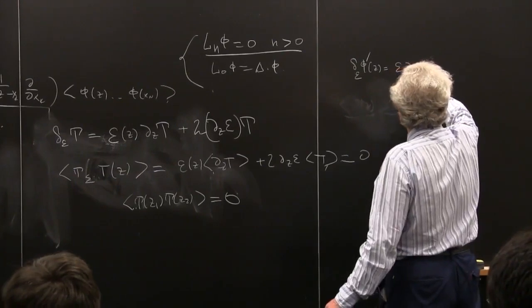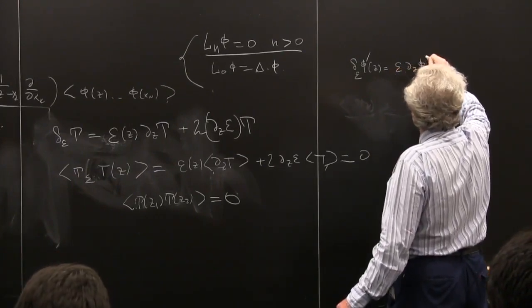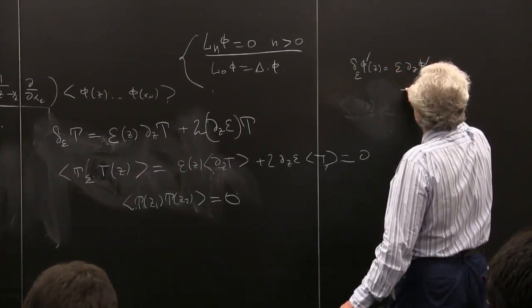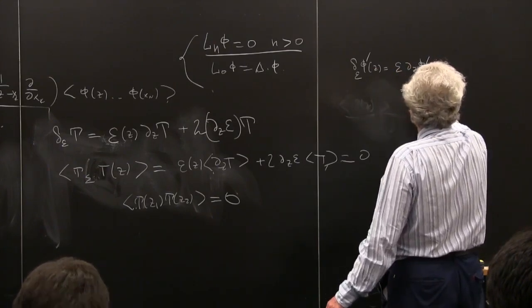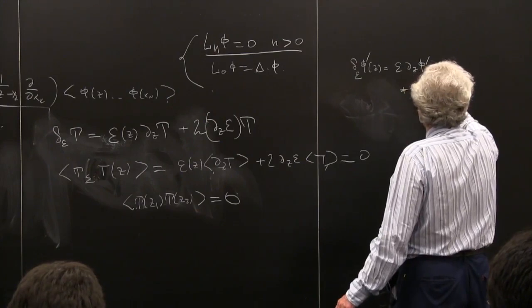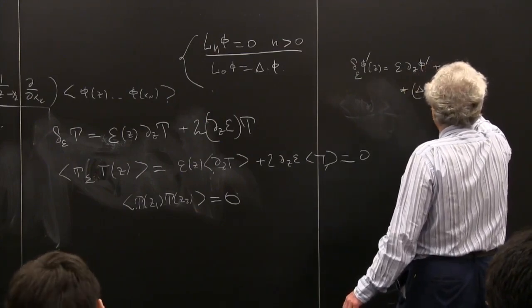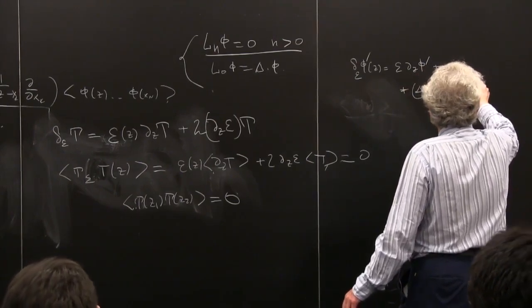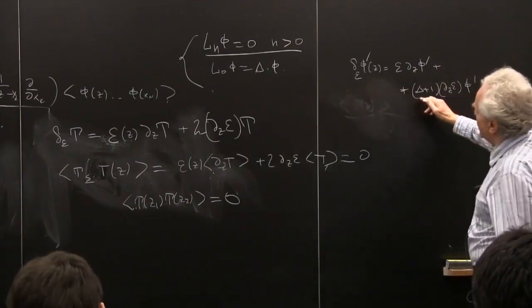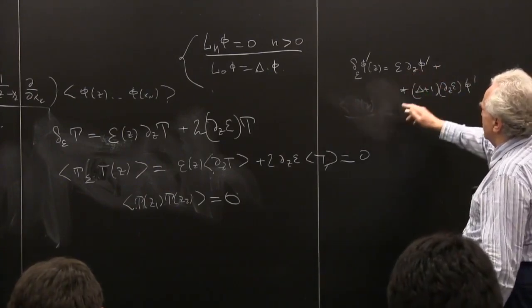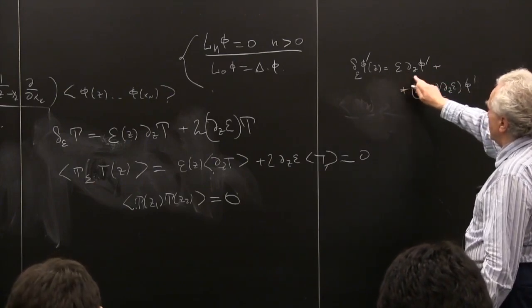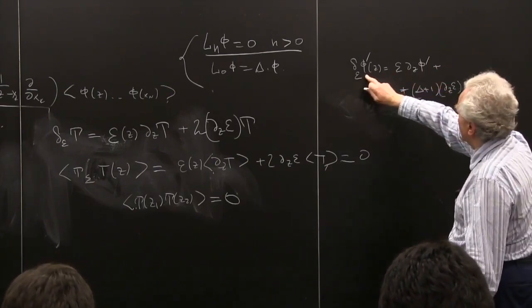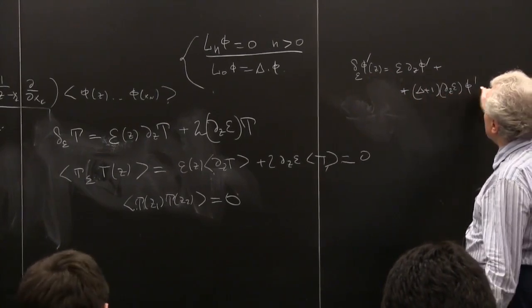It's epsilon dz phi prime, where prime means differentiated, plus we derived delta plus 1 dz epsilon phi prime. So far so good. It's just the standard primary transformation law for the field with dimension delta plus 1.